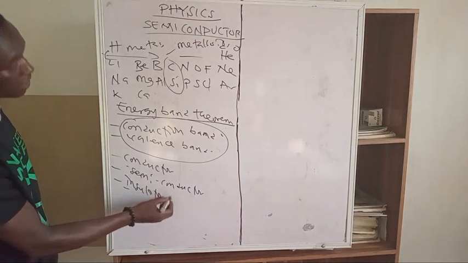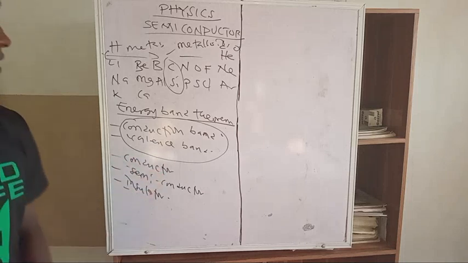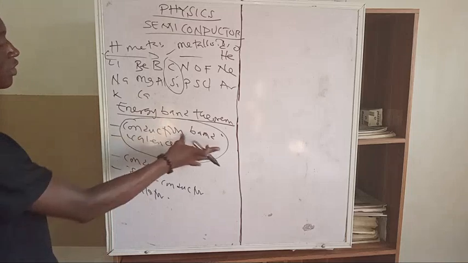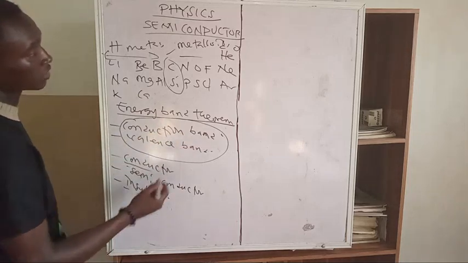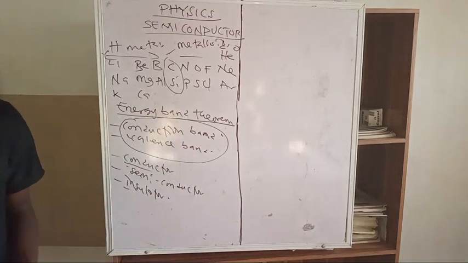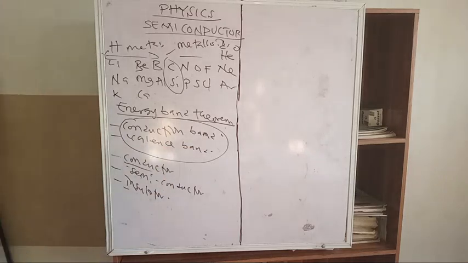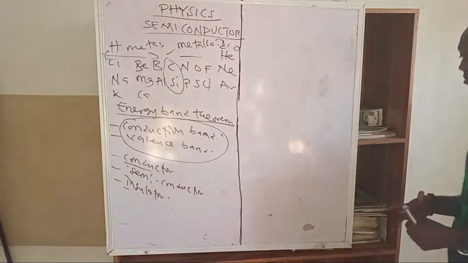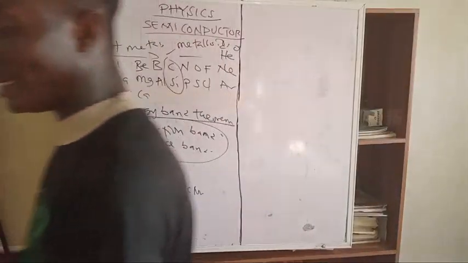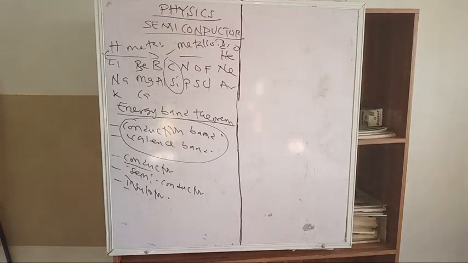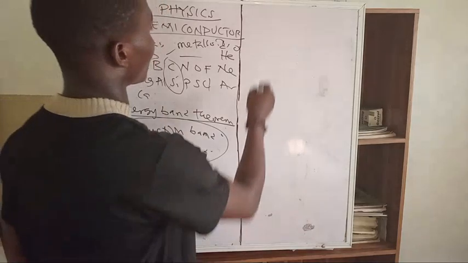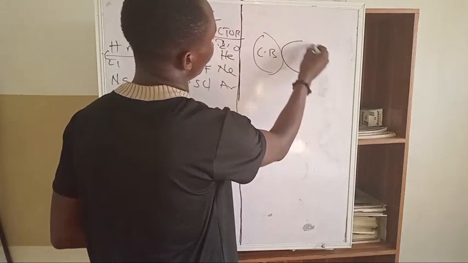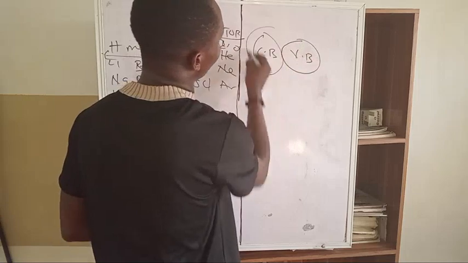We have talked about the definition of a semiconductor. Now in the energy band theorem, let's look at the effect of the conduction band and valence band in a conductor. In a conductor, the conduction band and valence band are linked or joined together, and electrical conduction actually occurs.